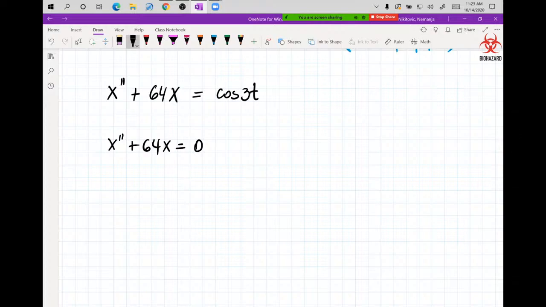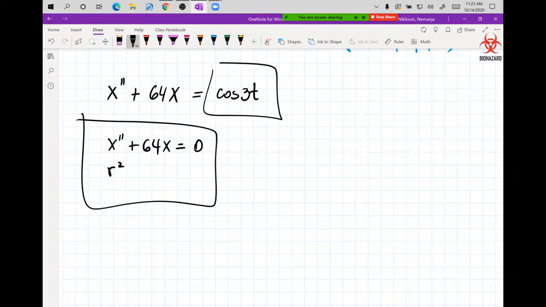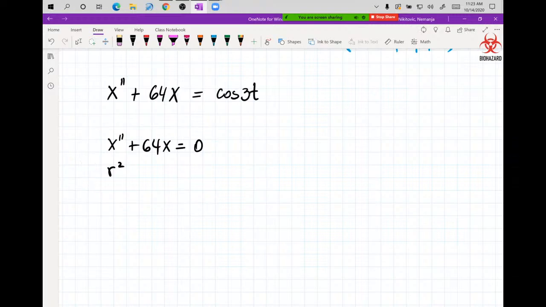And you know how to solve this, right? You have your r squared. This is on your exam coming up because this is in 3.1 and 3.3 and 3.4. They all have this. So this is definitely a problem that is on the exam right here. This is the new stuff that is not on the test, but this stuff is there.